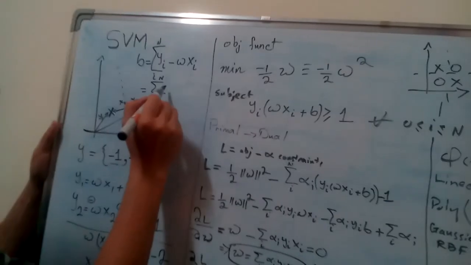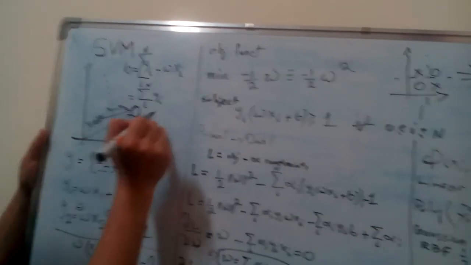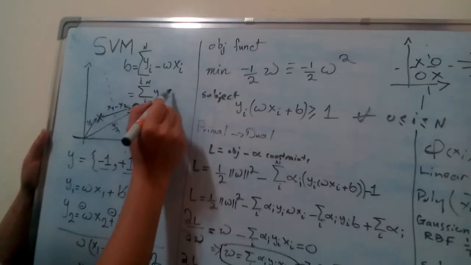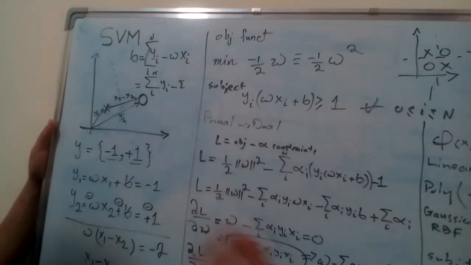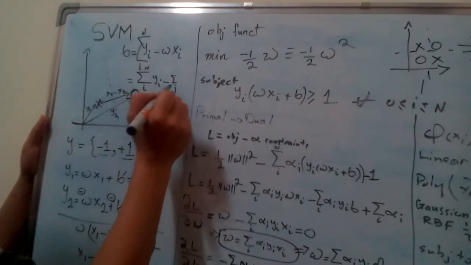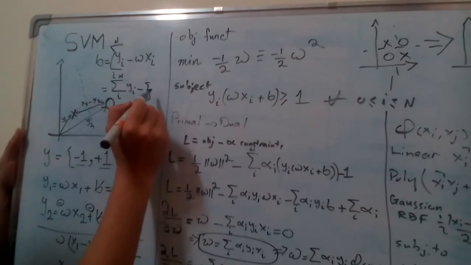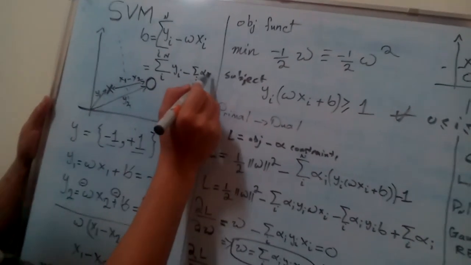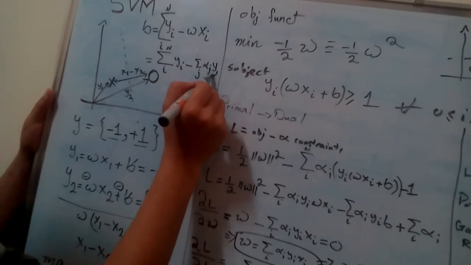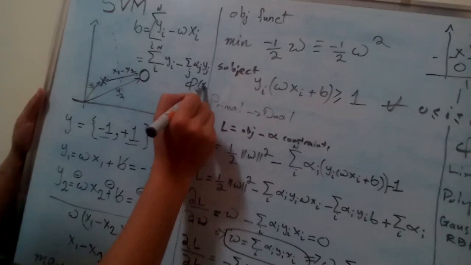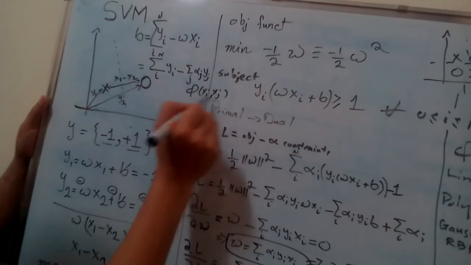sum over i to n of y of i minus, let's change i to j, sum over j of alpha j y of j, the transformation of xi, xj.